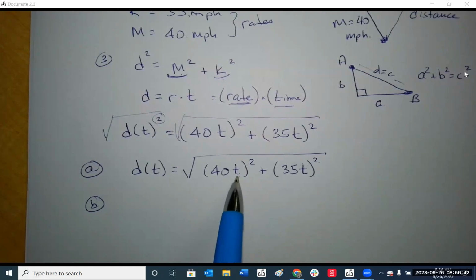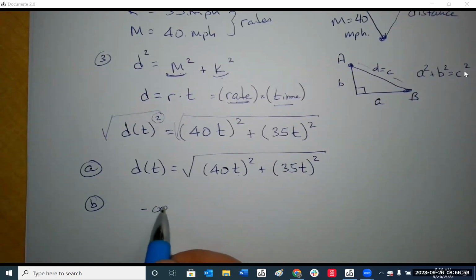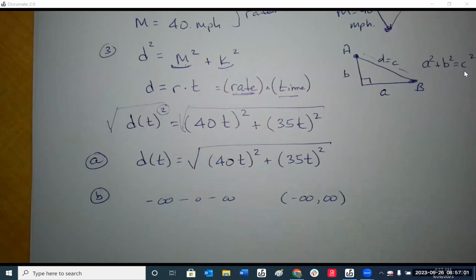If you take a number that's negative and you square it, what happens? It becomes positive. So ideally, you can put positive numbers in there, you can put negative numbers in there, and you can put 0 in there. So the domain you'd think is from negative infinity to positive infinity.